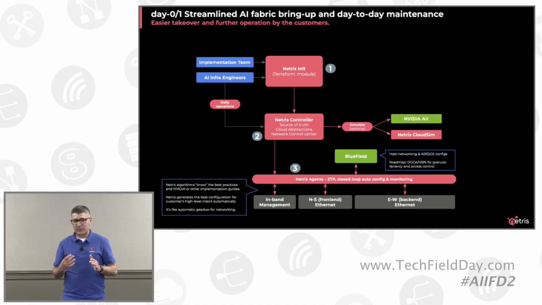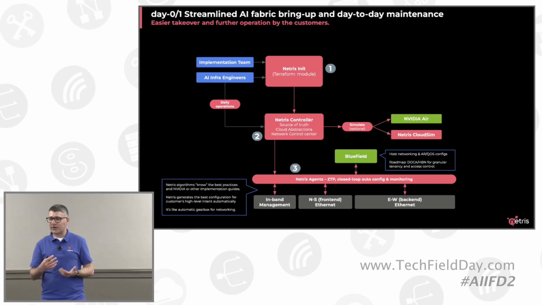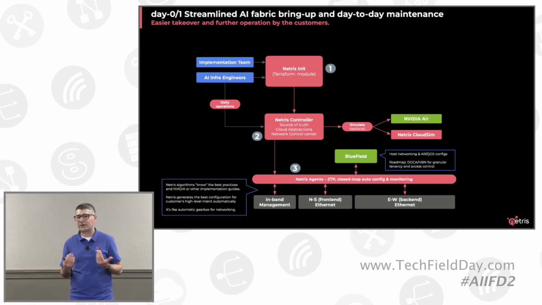Now we provide tools that help, through Terraform and using DevOps methodologies, to describe their infrastructure in Netris Controller. So through Terraform, you can say, hey, I'm building leaf-spine fabric, or I'm building AI infrastructure based on NVIDIA Spectrum-X architecture.